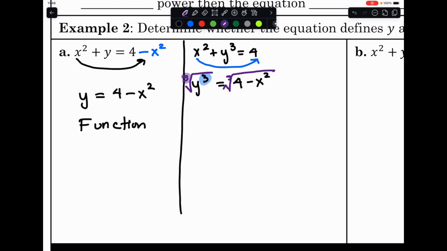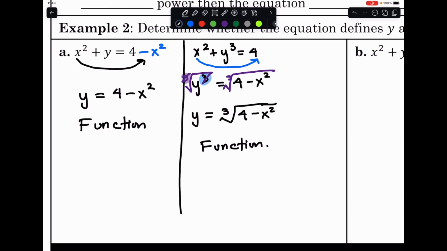That way I can solve this equation and eliminate these two things. These are inverse operations. And I get that y is equal to the third root of 4 minus x squared. So again, I do not get the possibility of both a positive and negative value there. So this equation is also going to be a function.